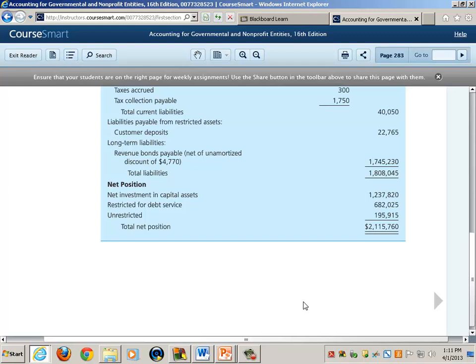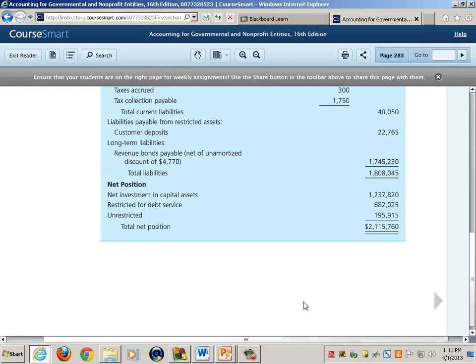What that means is exactly what it says, which is what is the government's net investment in capital assets. So what's your net investment in assets? It's your total assets minus accumulated depreciation, right? That gives you what? Your net book value of your assets minus the debt which was incurred to finance those assets.